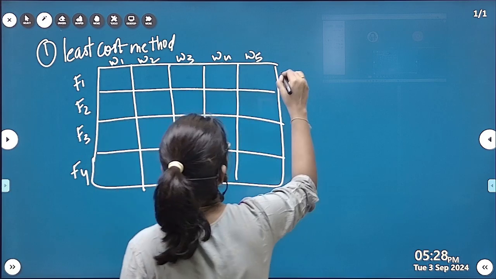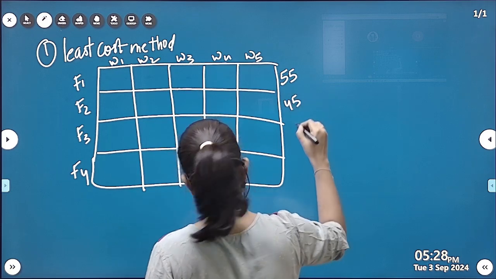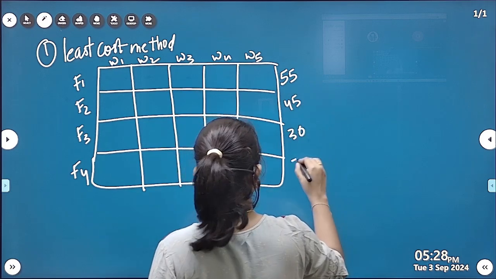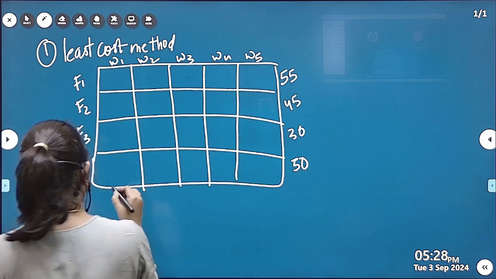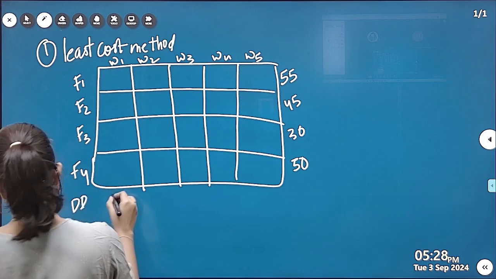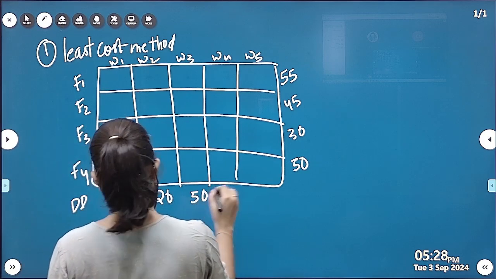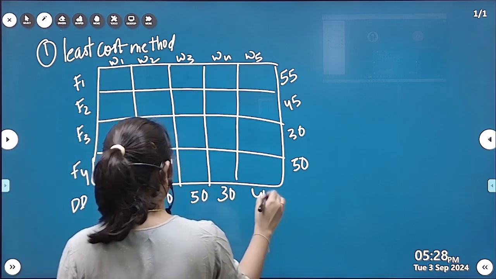So what is the cost? 55, 45, 30 and 50. Here the warehouse demand will be 40, 20, 50, 30 and 40.